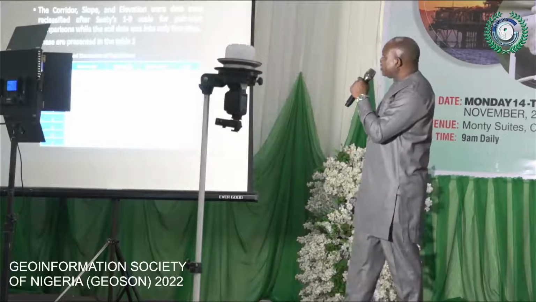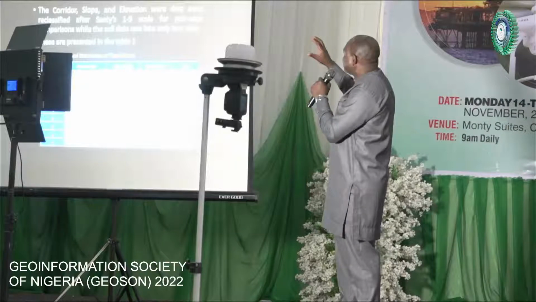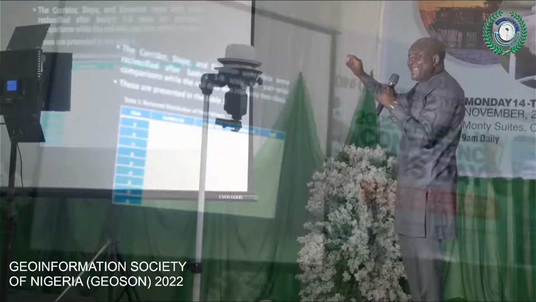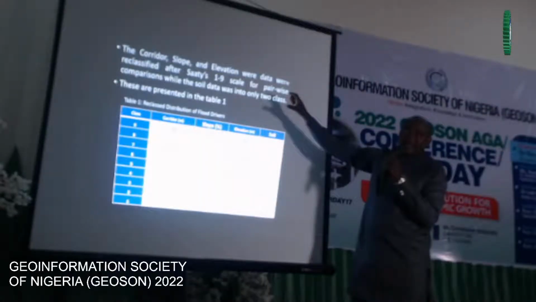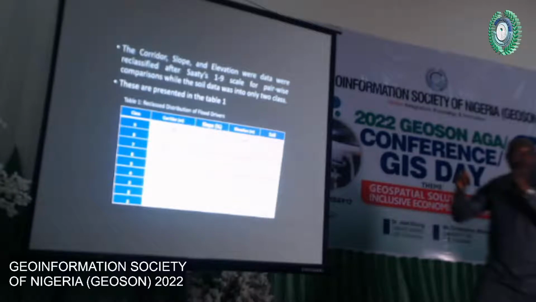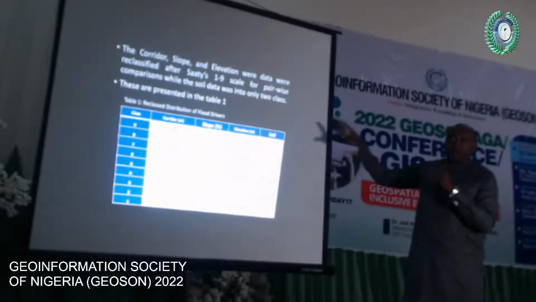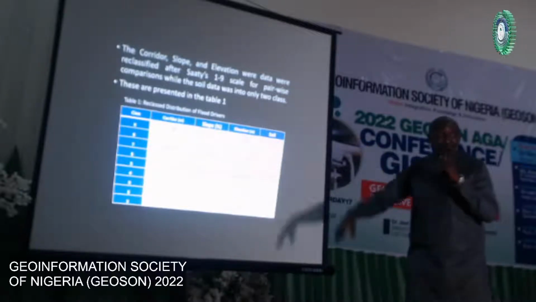The corridor, slope, and elevation data were classified after Saaty's 9-point scale. Based on that Saaty classification of events, he has used that to classify these 4 drivers that have been selected for this study.